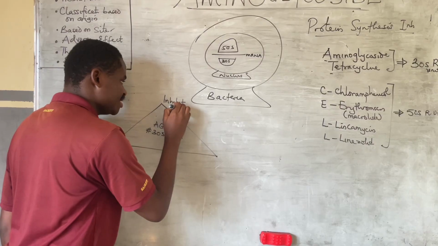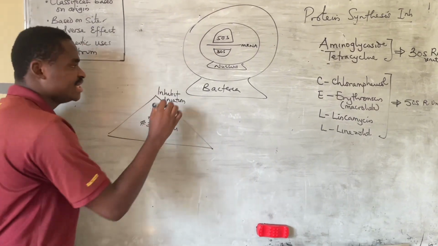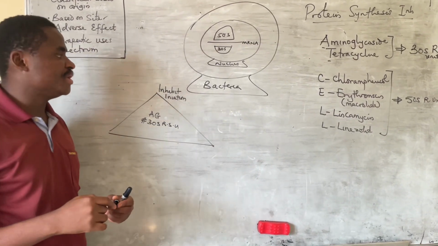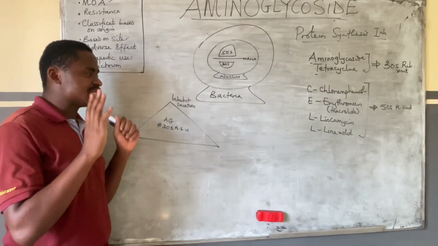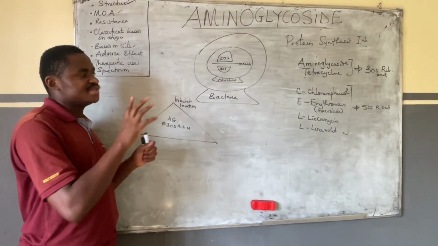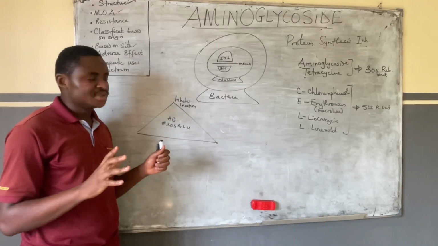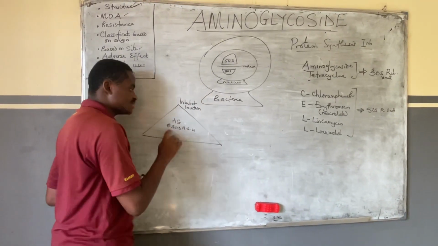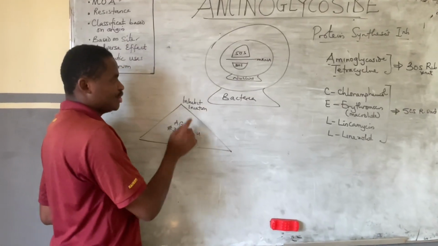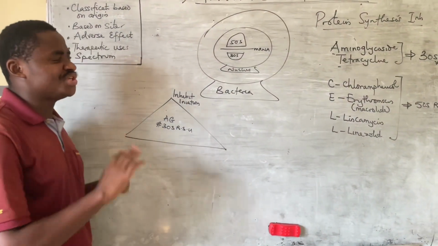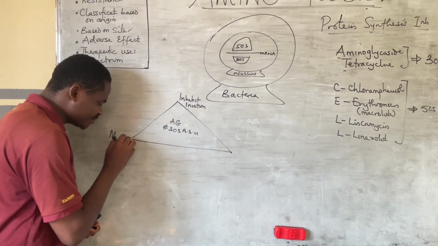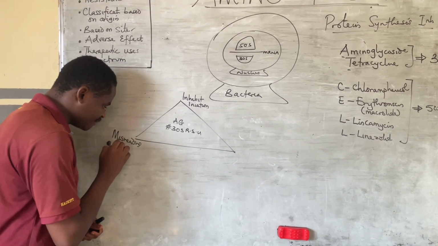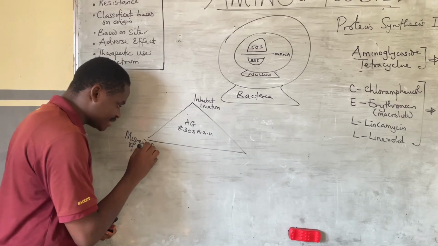I'm going to dedicate a separate video in the biochemistry of nucleic acid and nucleotide just for protein synthesis, otherwise called translation. So number one thing that aminoglycosides do by binding to the 30S ribosomal unit is that they inhibit initiation. Initiation never occurs.